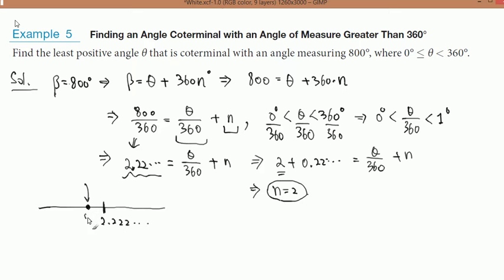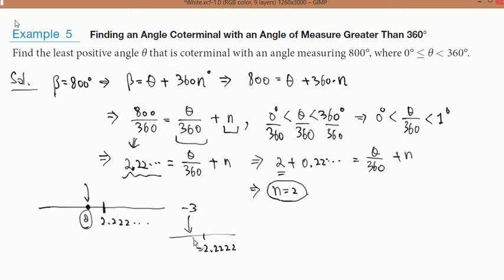That's the largest integer that does not exceed 2.22. That turns out to be the correct interpretation. So for example, if I have negative 2.22, what is the largest integer that does not exceed it? Negative 3. So your correct choice of n is not negative 2.